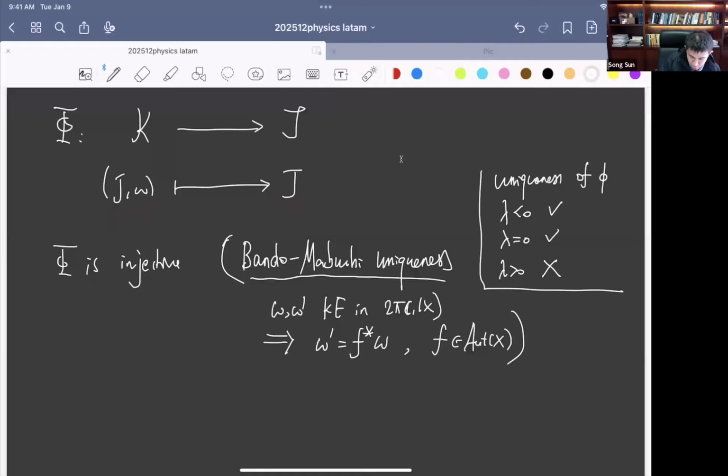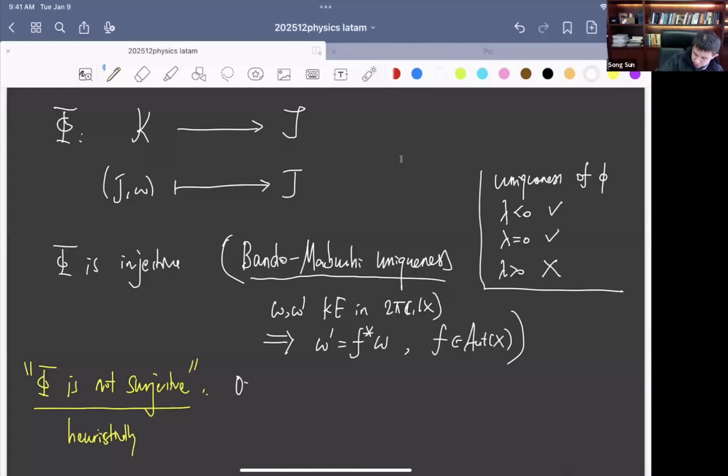And we want to say that φ is not surjective, but this is only a heuristic. Why?